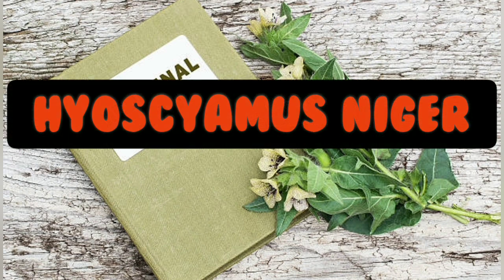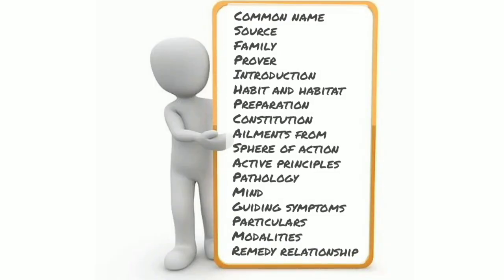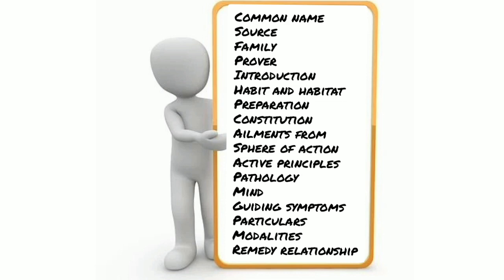About this remedy, we will discuss its common name, source, family, prover, introduction and history, habit and habitat, preparation and part used, constitution, ailments from, sphere of action, active principles, pathological changes, mind symptoms, physical guiding symptoms, particulars, general modalities, and remedy relationships.